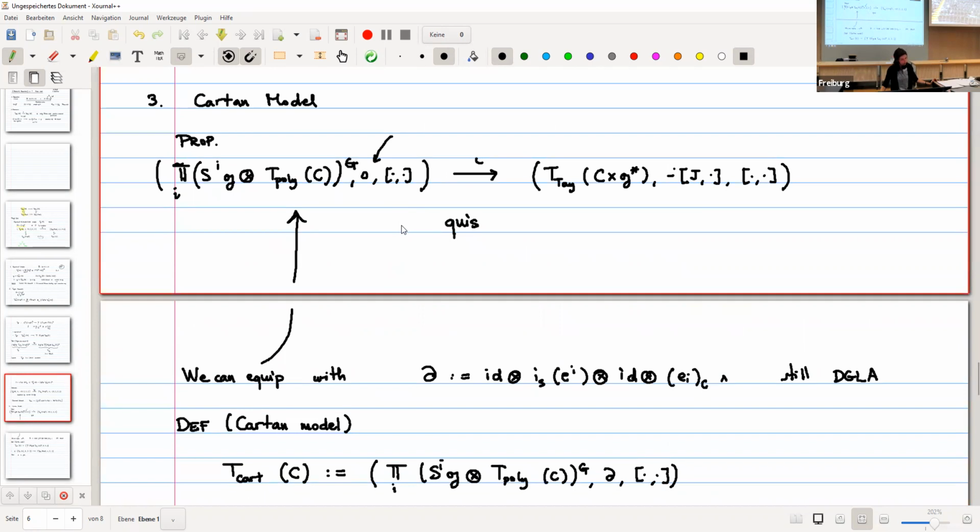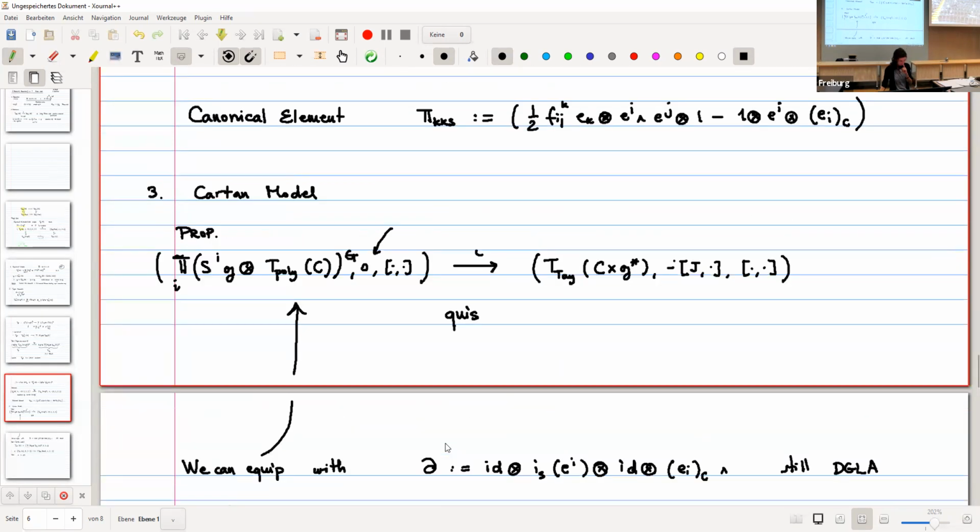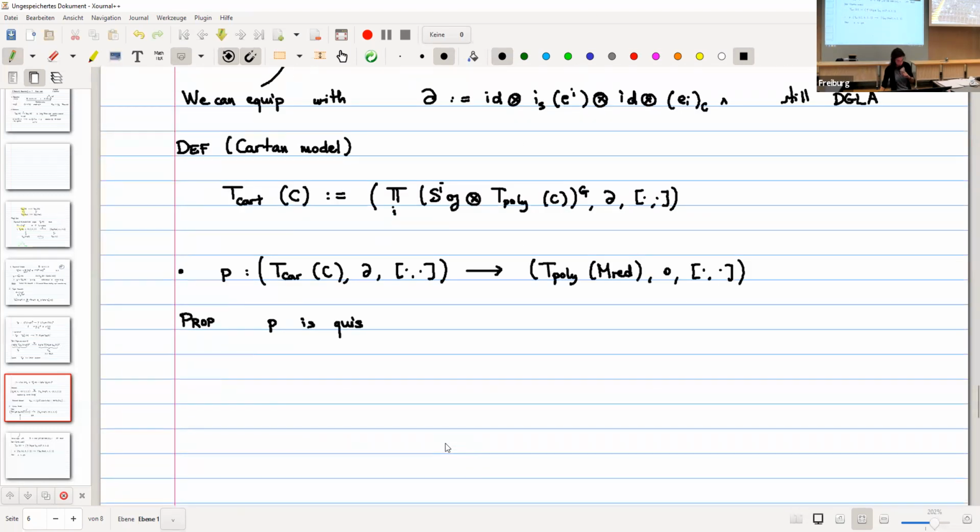We would like to have that iota is a quasi-isomorphism, also with respect to that new differential. So this del 1. How can we do that?